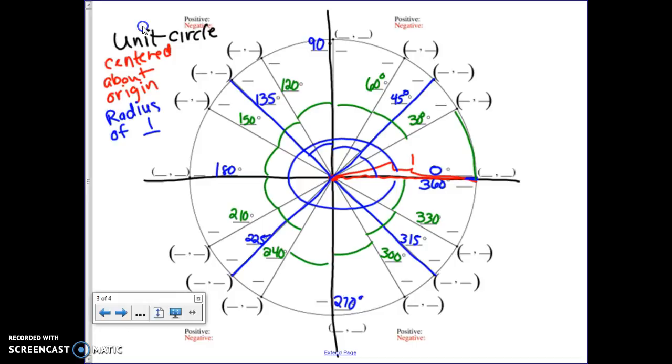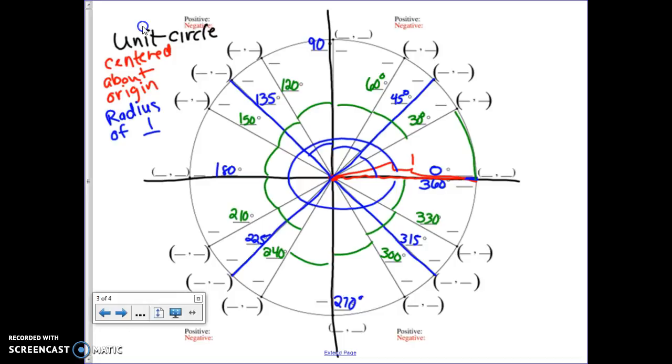There's one other part we're going to do. There are two ways to measure a circle. There's degrees, which we just did. That's the normal, everyday measure; we talk about degrees all the time. Now we're going to talk about radians. Radians have to do with the circumference.